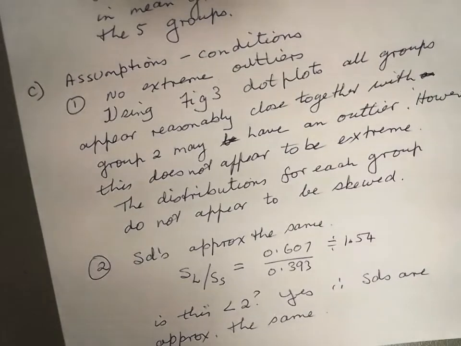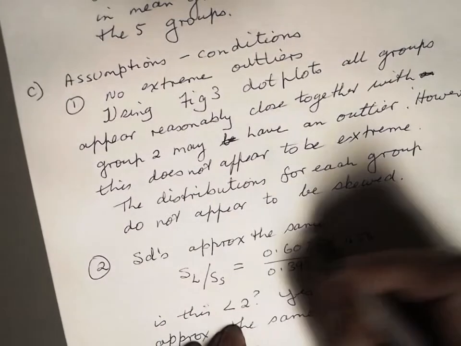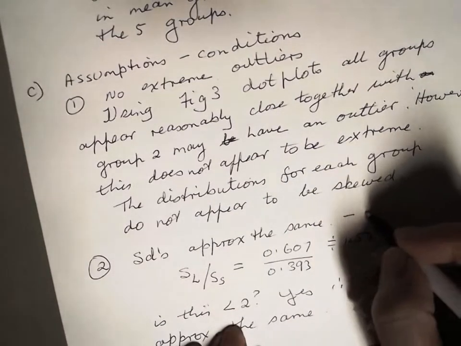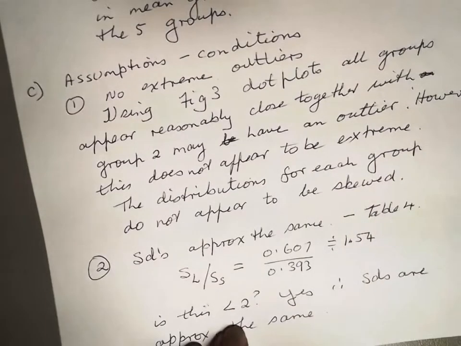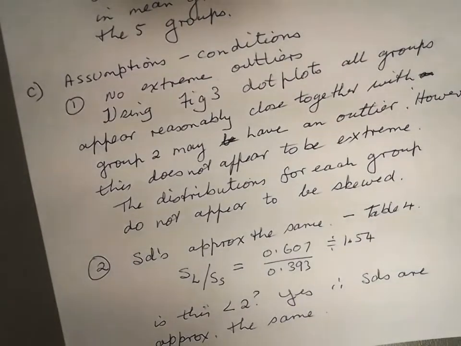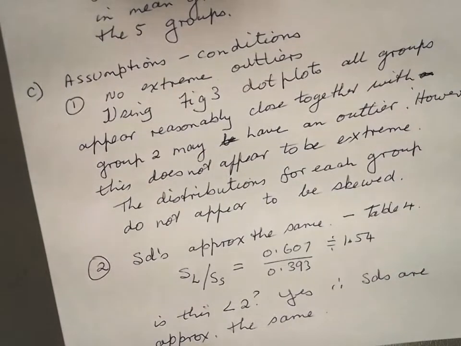So they were the 2 conditions, and we had information. The standard deviations are approximately the same. That information came from table 4. So I used the information in table 4 that was given to be able to determine that. So that was the answers for 2 questions. The first one was a multiple choice question, so it was very quick. Couple of minutes working on that one at the most.